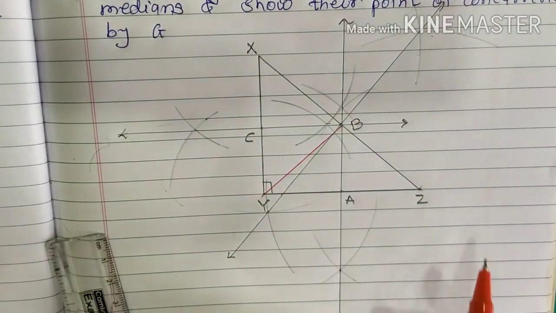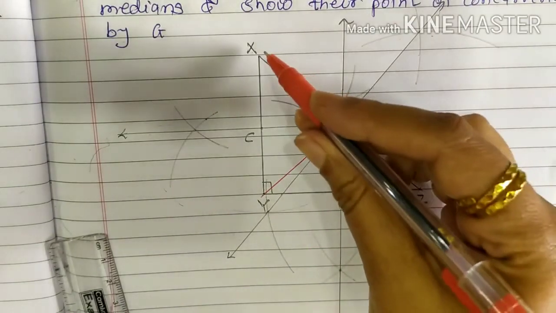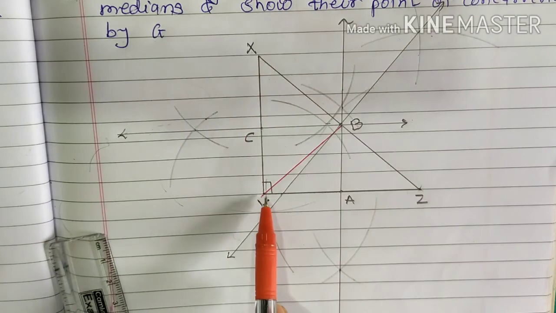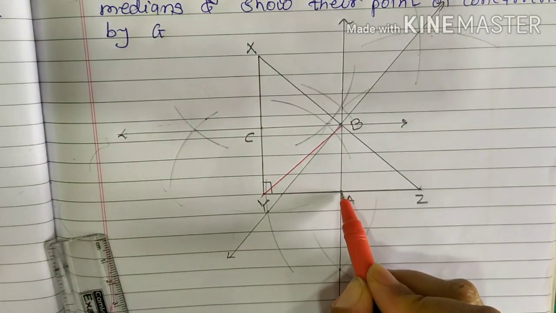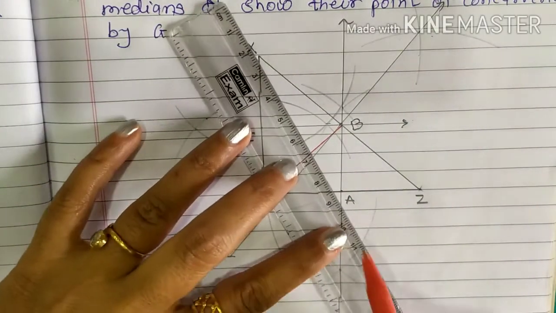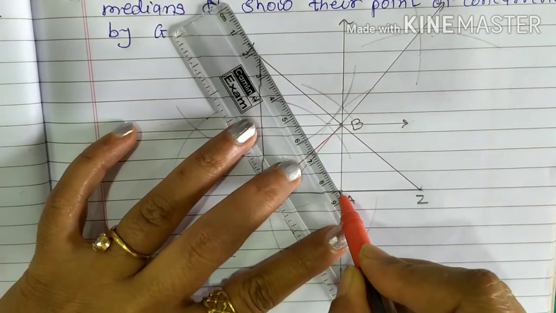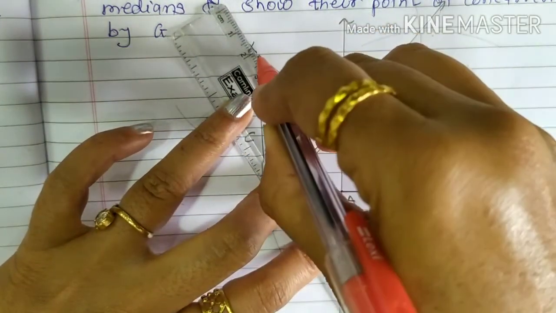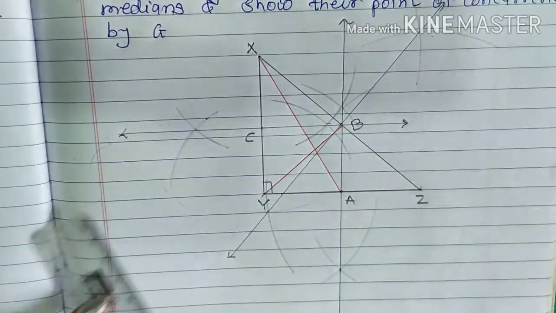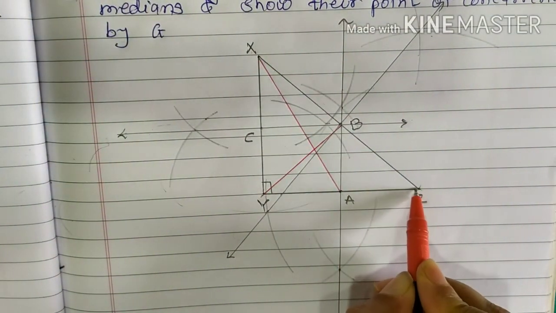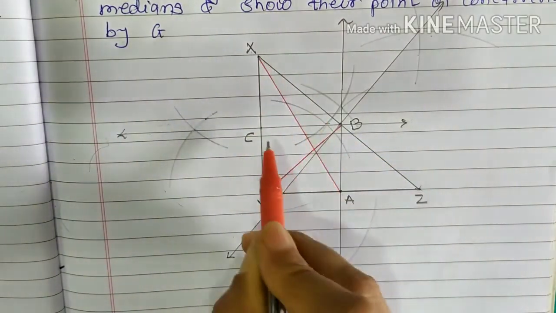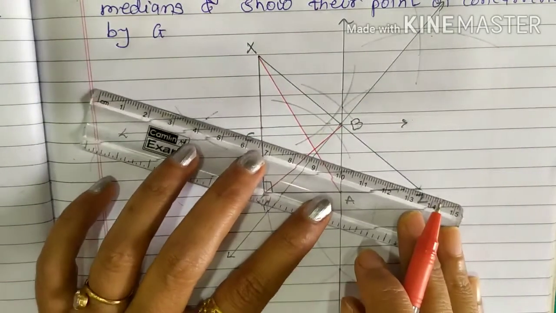You use the pencil. Then X, that is the vertex, opposite side YZ, and midpoint of YZ is A. So join these. Then vertex Z and opposite side YX or XY and midpoint, that is C.